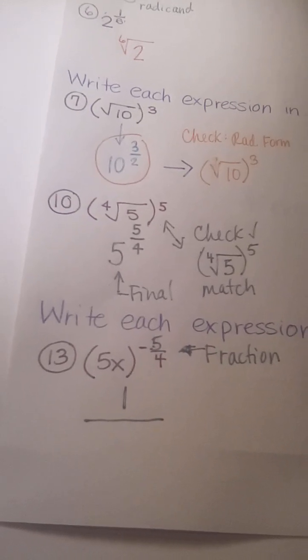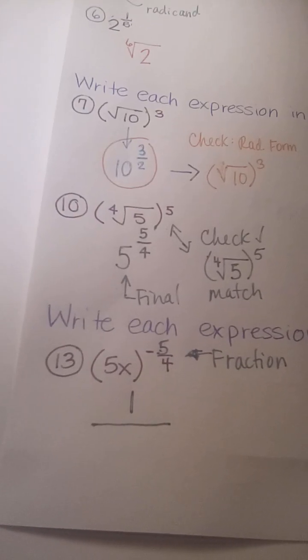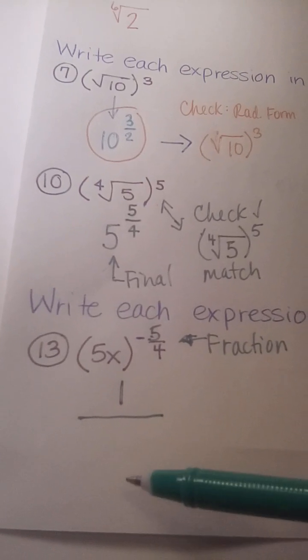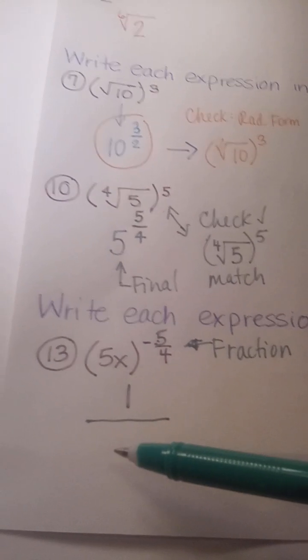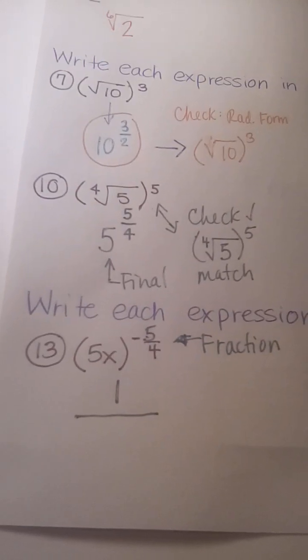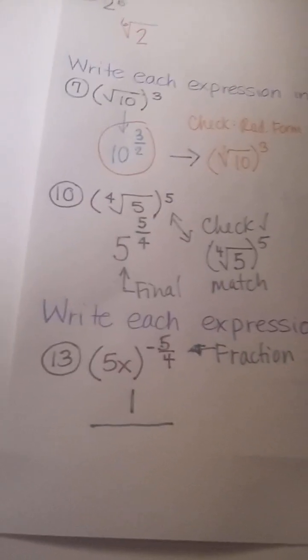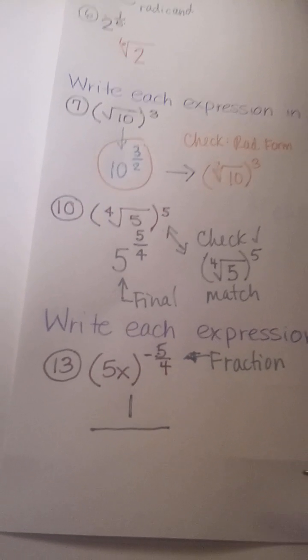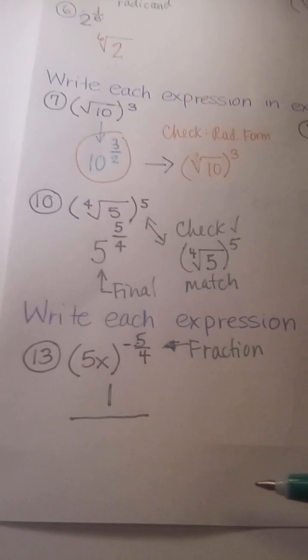All right. Question. What do we do on the numerator? Do we do a square root or just put the variable? Let me rephrase it. Do we do a square root by itself without the variable, or with the variable?